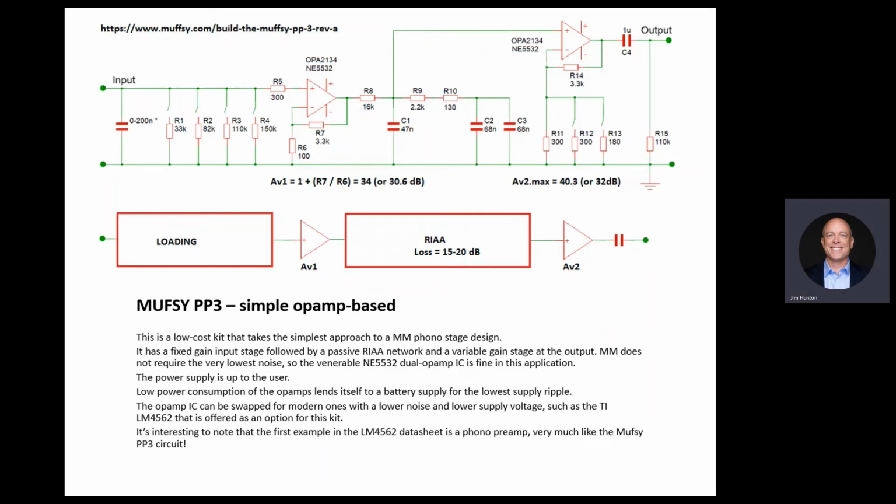This is a resistor you change to change the gain. The gain is basically this resistor divided by this resistor plus 1. So by changing this resistor, you change the gain. So this is the simplest ever form of a phono stage, and it's available for $30, something like that.